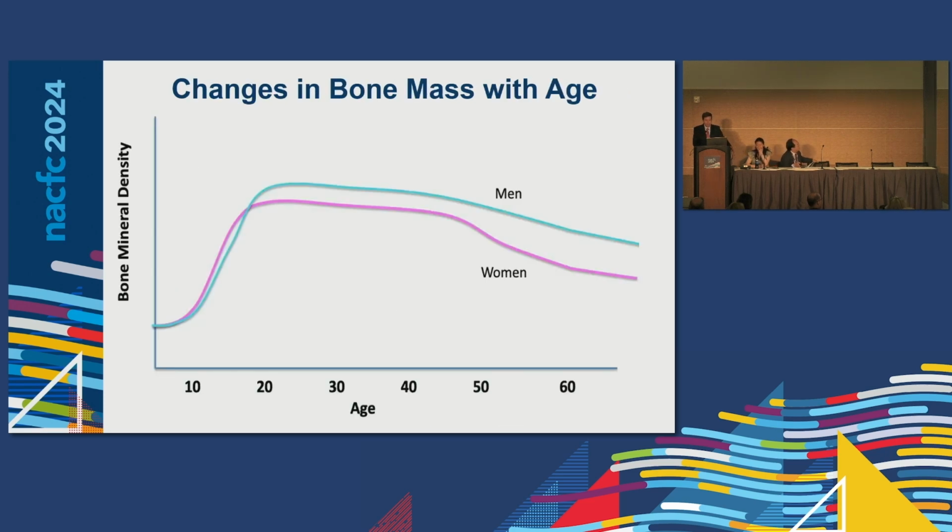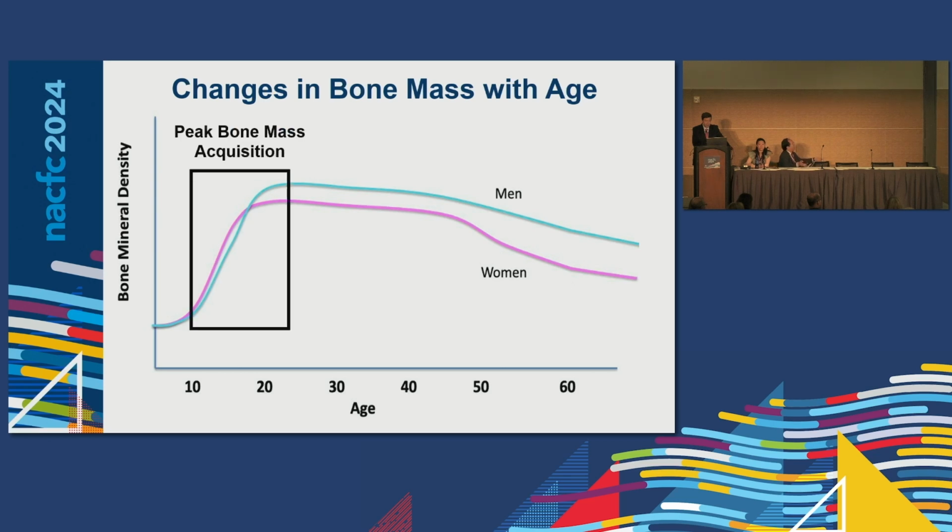Now, in thinking about the pathogenesis of osteoporosis, it's good to start with how bone mineral density changes with age. This is for the general population. Starting in childhood, boys and girls have equal bone density, and then there is a period in adolescence where peak bone mass is acquired. During that time, men achieve 10% higher bone mass than women.